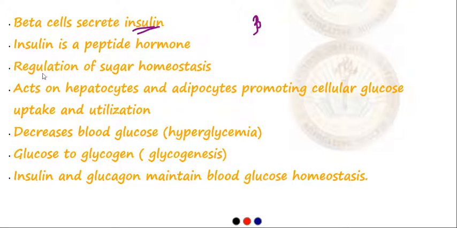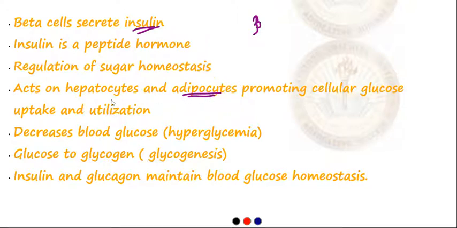So it regulates sugar homeostasis. Again, homeostasis is a healthy balance we discussed earlier during the hypothalamus. And it acts on hepatocytes and adipocytes. So what are adipocytes? Adipocytes are nothing but your fat cells, the fat cells that are present in the subcutaneous tissue or the visceral tissue.